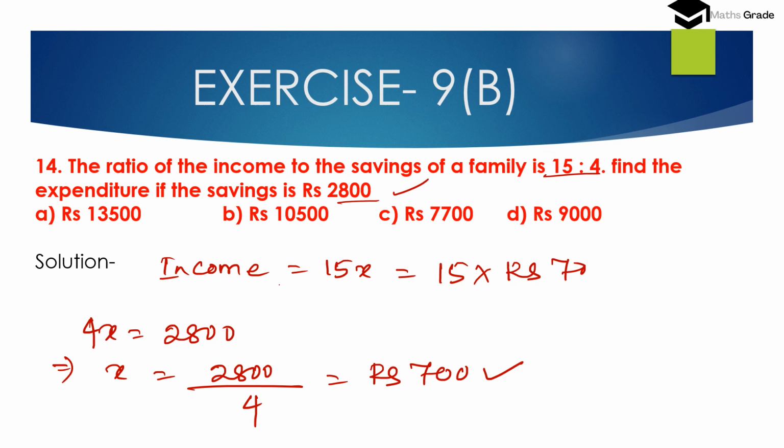X is 700, we got. So 15 multiplied by 700: 15 multiplied by 7 is 105, then two zeros. So 10,500 rupees is the income.